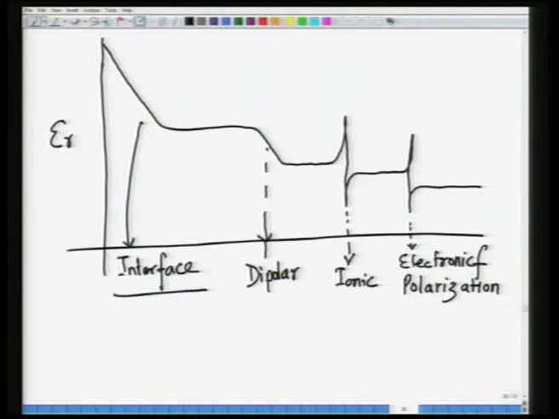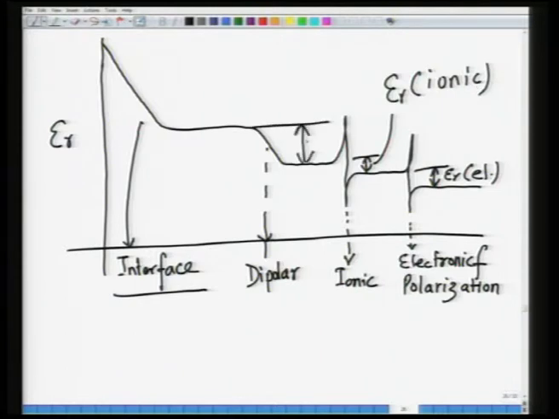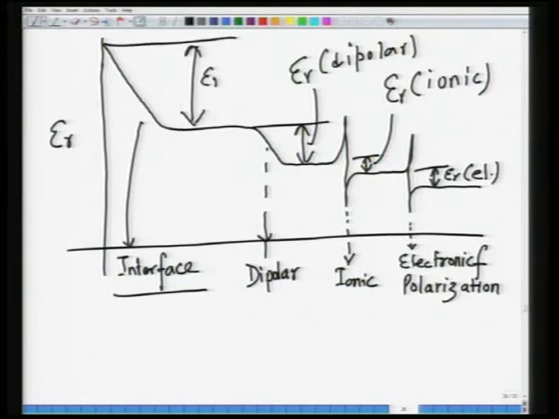So, as a result, what you have here is epsilon r electronic, here you have epsilon r ionic, here you have epsilon r dipolar, and here you have what is called epsilon r interface.